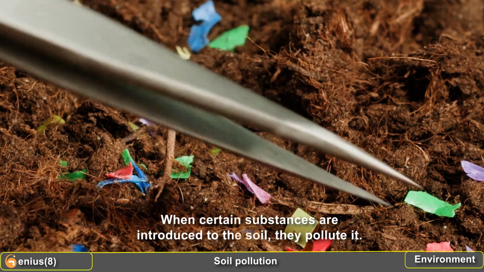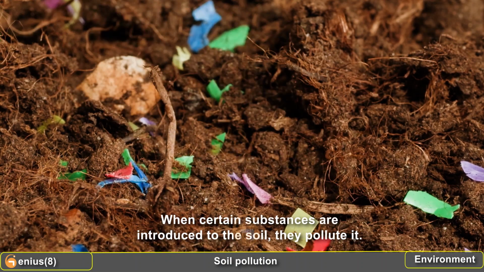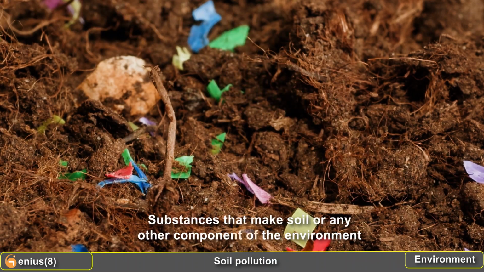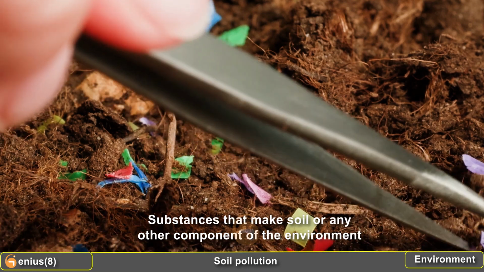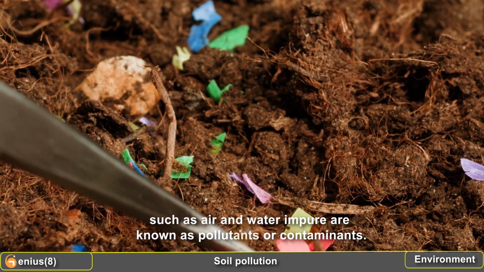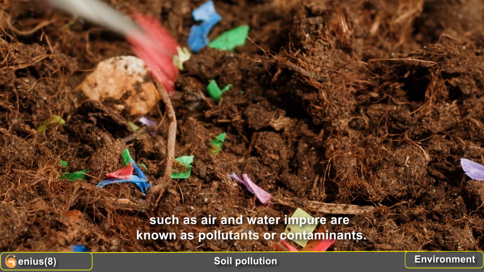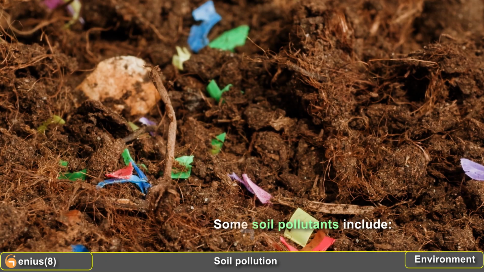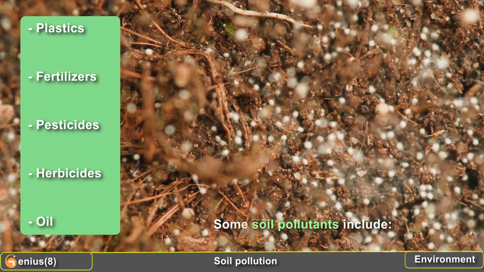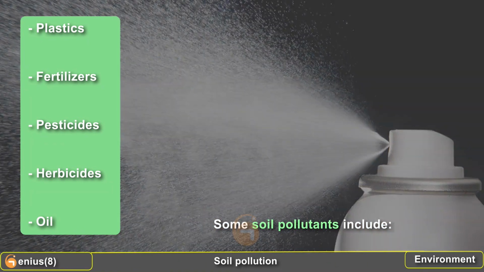When certain substances are introduced to the soil, they pollute it. Substances that make soil or any other component of the environment such as air and water impure are known as pollutants or contaminants. Some soil pollutants include plastics, fertilizers, pesticides, herbicides.